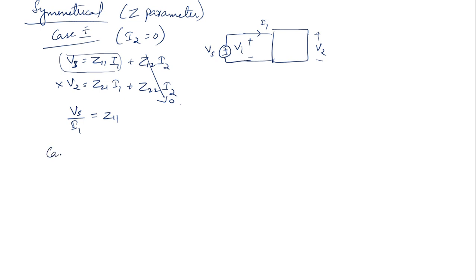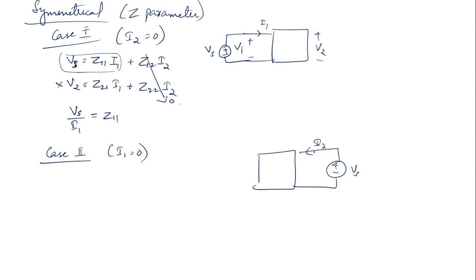And you can take your case 2. For case 2, you are going to take I1 equal to 0. If you draw the figure, here you will be having the source Vs. Here you have a current I2. And here it is open circuited, but the voltage V1 is still there. So you have V1 equal to Z11 I1 plus Z12 I2, and V2 is equal to Z21 I1 plus Z22 I2.